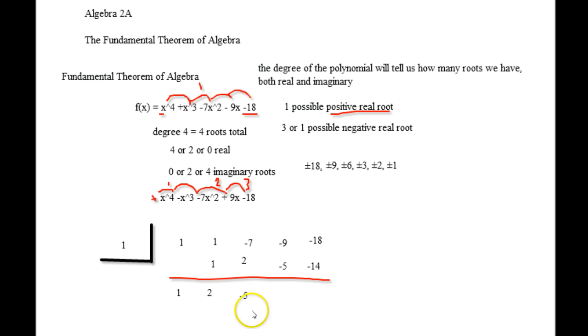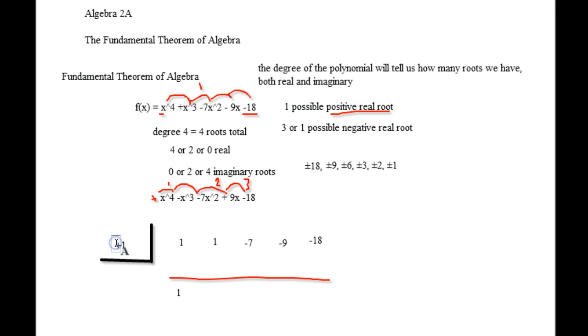So let's get rid of that. That definitely did not work. That's huge, because we at least eliminated one, and that's the important thing to understand about how important a graphing calculator is in this process, because it shortens it drastically.